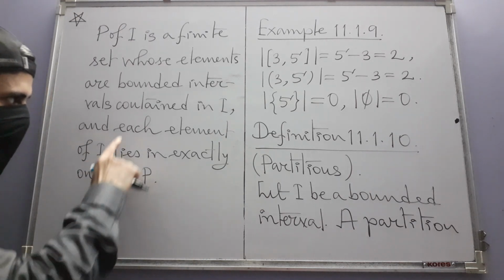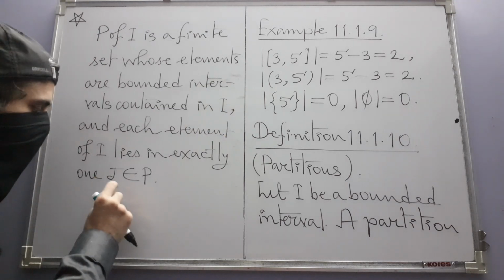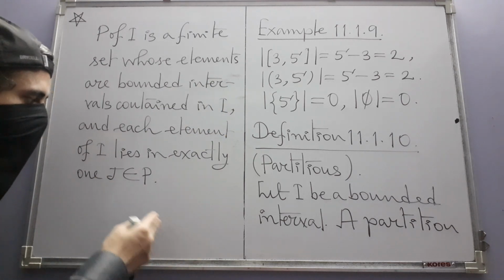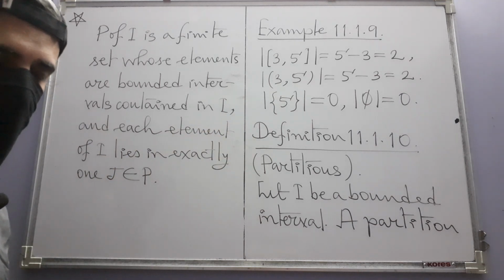We can call these elements of P subintervals of I, because first of all they themselves are intervals, and subinterval because each one of them is a subset of I.